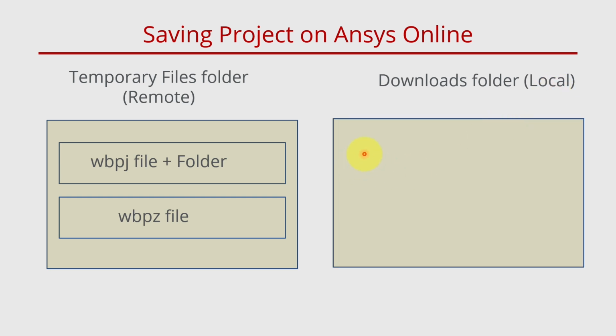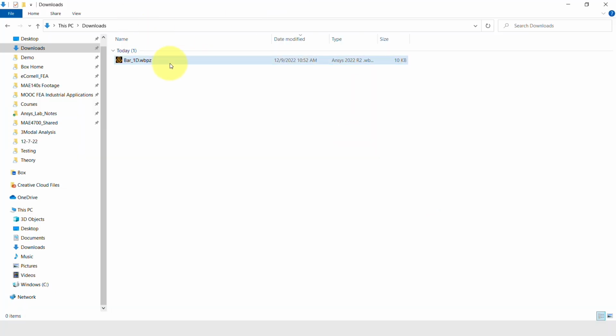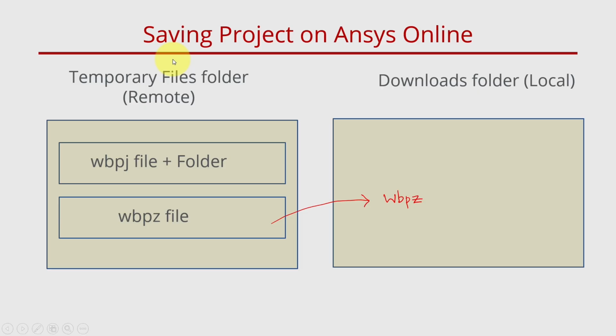And so when you download, you are going to transfer this to the local machine. And I have this WBPZ file here. That's what I have over here. Now, when I exit the server or when I get kicked out, all this will go away.